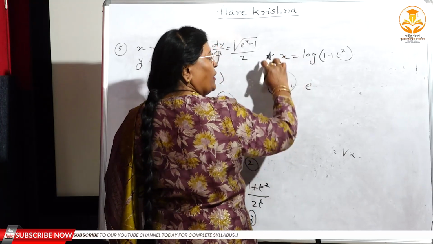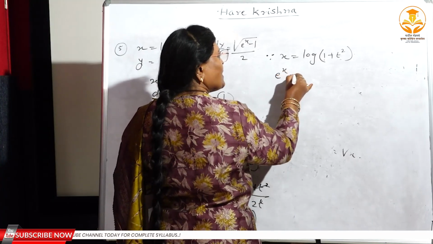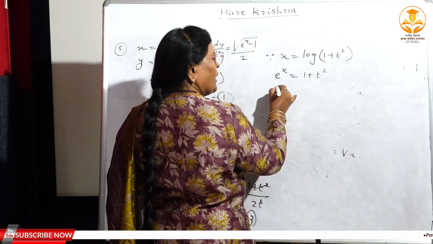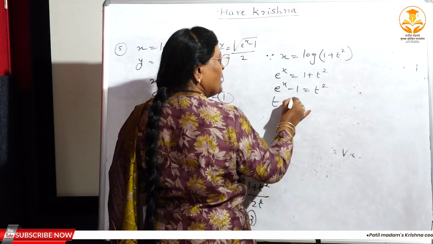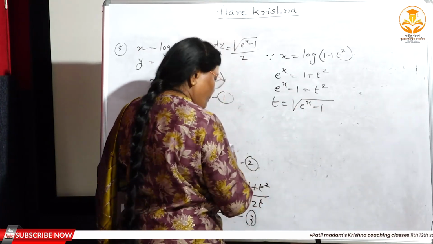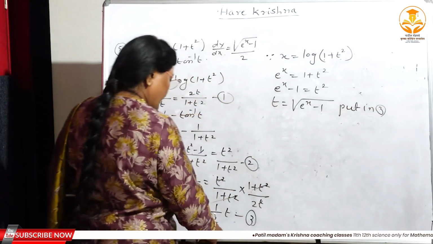When you take log inverse of x, it is nothing but e raised to x is equal to 1 plus t square. Again you want t, therefore e raised to x minus 1 is equal to t square. Therefore t is equal to root of e raised to x minus 1. Now put this value in the third equation.